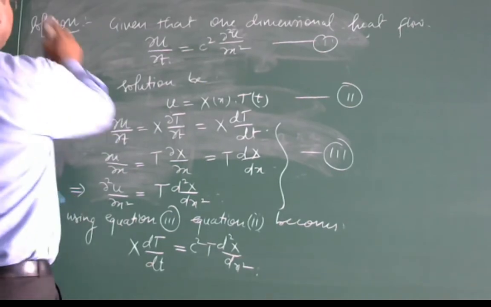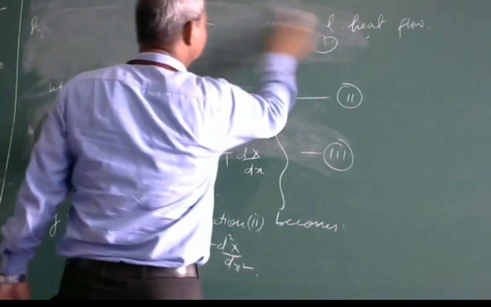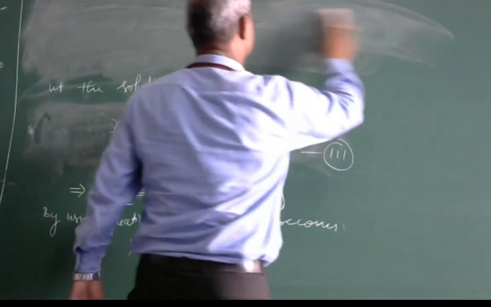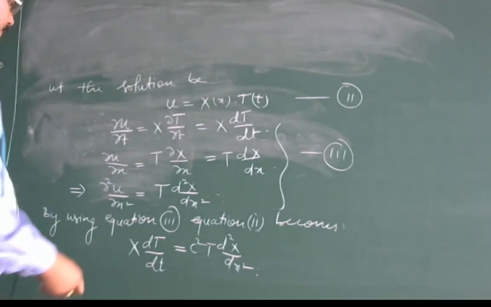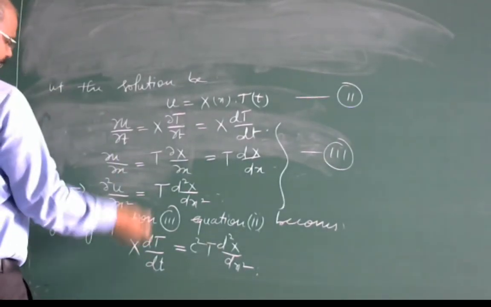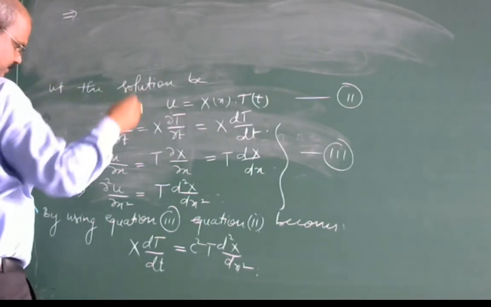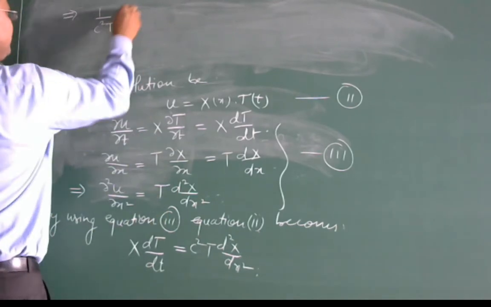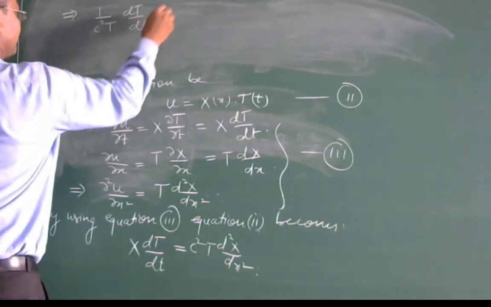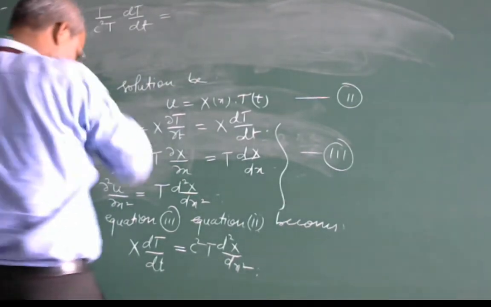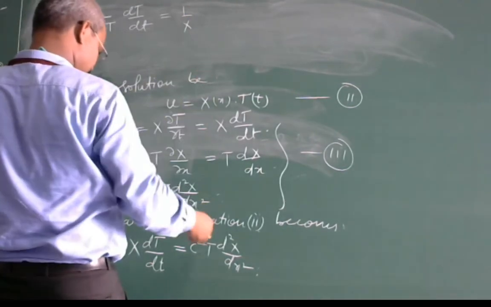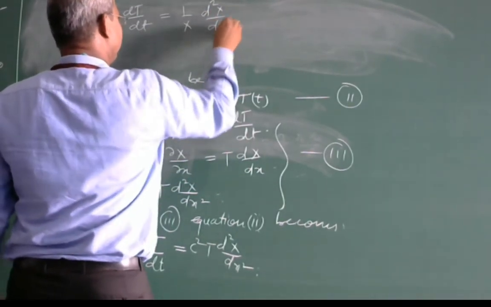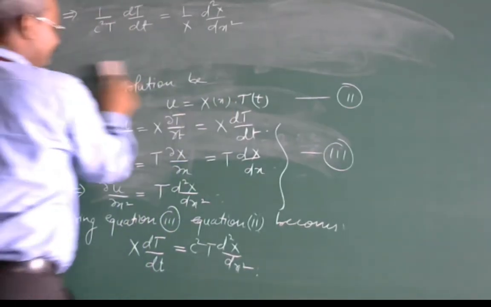Okay, so now this can be written as 1 upon c square T dT by dt equal to 1 upon X d2X by dx square.